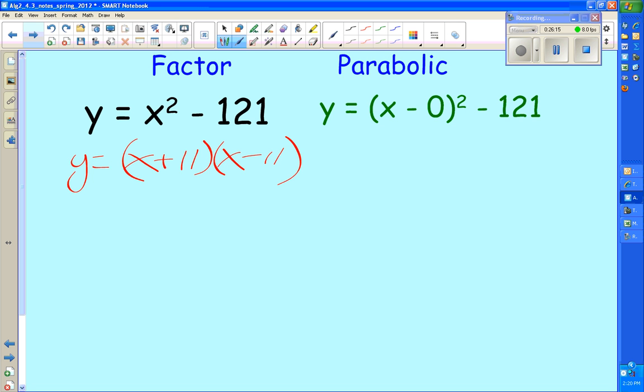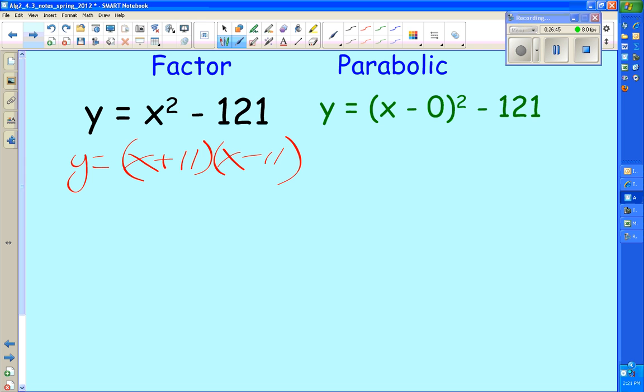This green is found just by writing x as x minus 0. That's all I did. Nothing revolutionary, nothing transformational. All I did was rewrite it so you could see, hey, that's parabolic form. Technically, could you also do plus 0? You could, but the form says y equals x minus h squared plus k, and the k is going to be here, but it says x minus h, and that's why I put minus.